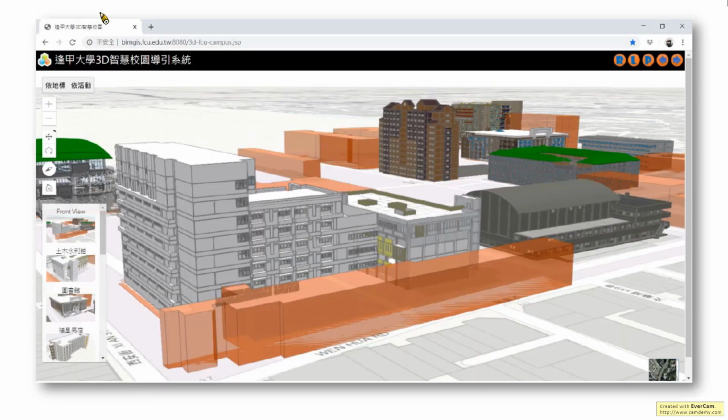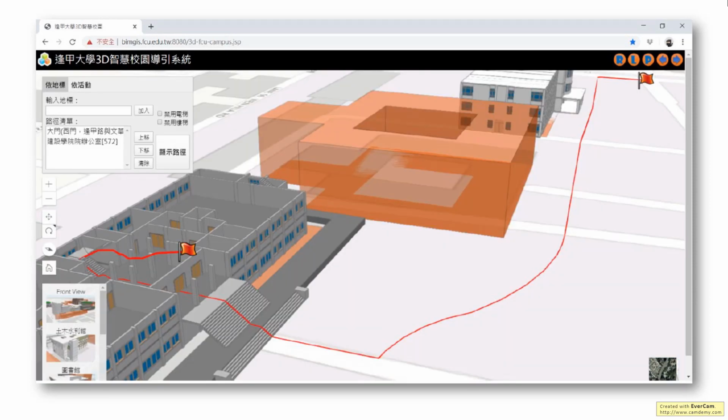Other applications include the campus direction system at Feng Chia University. Similarly, you type in the origin and destination of your trip, and the system will calculate the shortest paths for you, including outdoor paths and indoor paths as well.